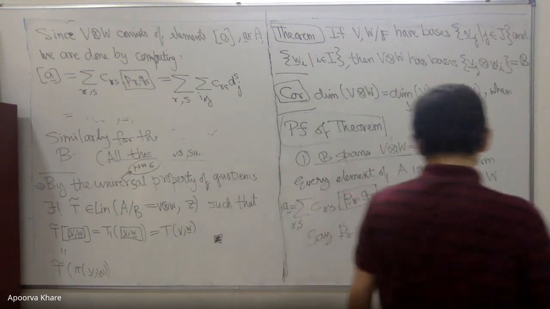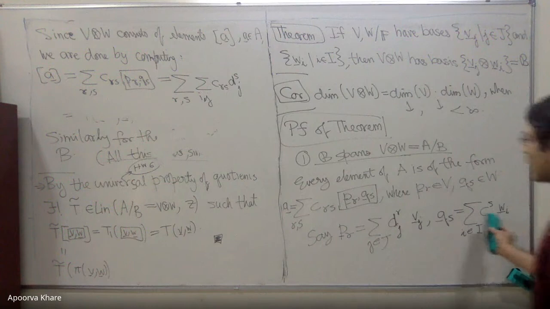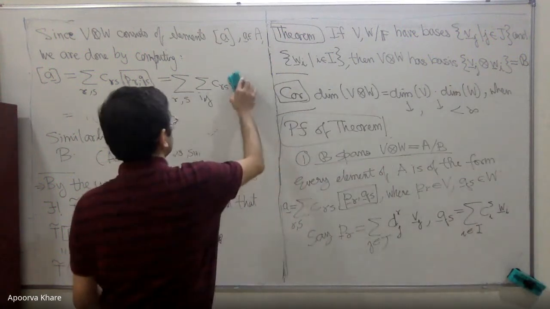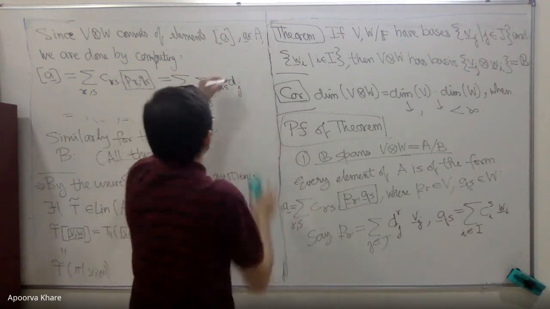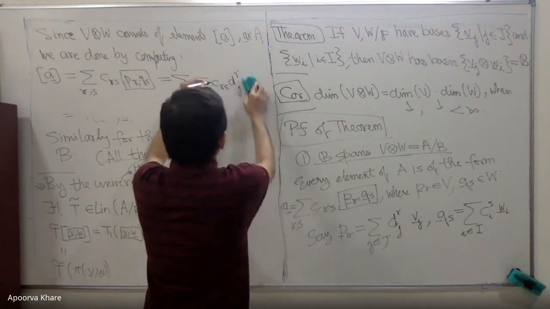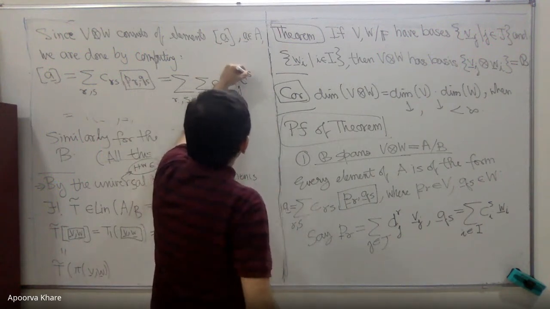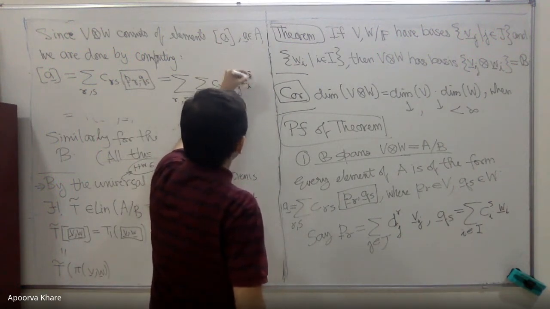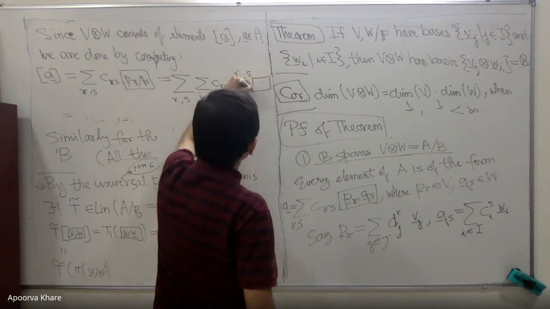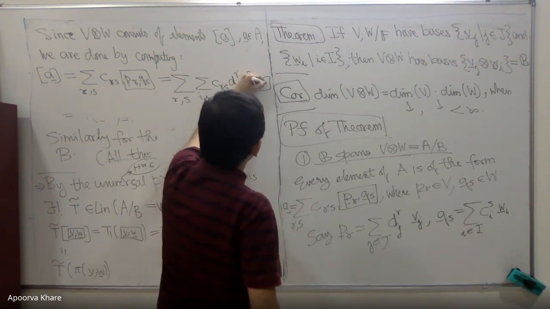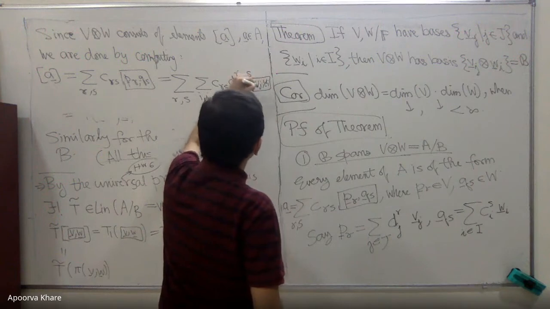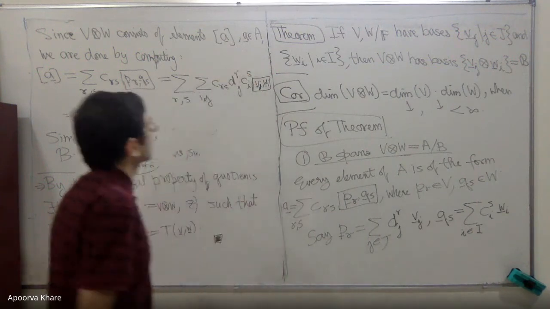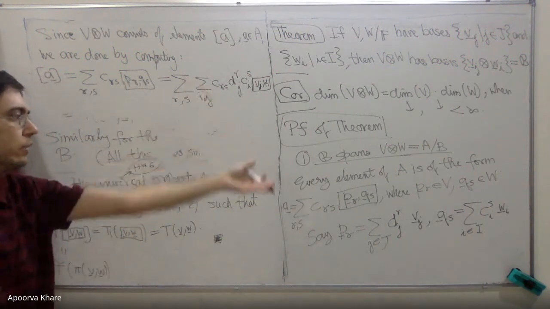No, that's good. So C_RS, D_RJ, and C_SI, and then the equivalence class of (V_J, W_I). You literally expand it out and you get this.